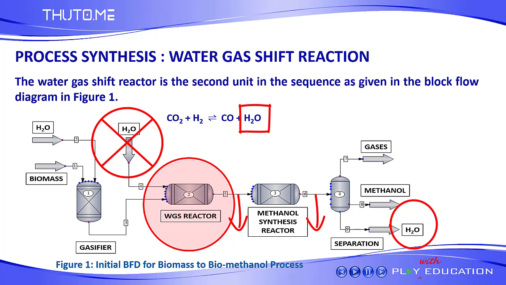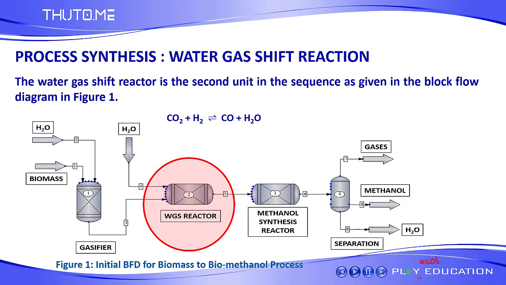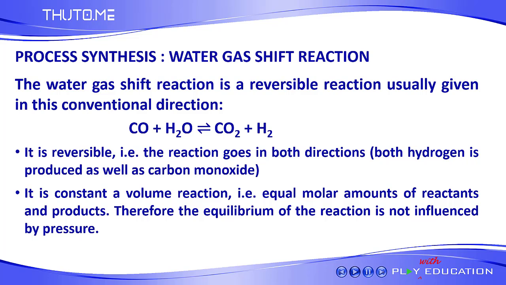But as we continue to build this flow sheet, you will see that we will have to assess those decisions as we carry on. The water gas shift reaction is a reversible reaction, usually given in the conventional direction of carbon monoxide reacting with water to form carbon dioxide and hydrogen. And as we have stated, in our situation, we would like it to go in the opposite direction.